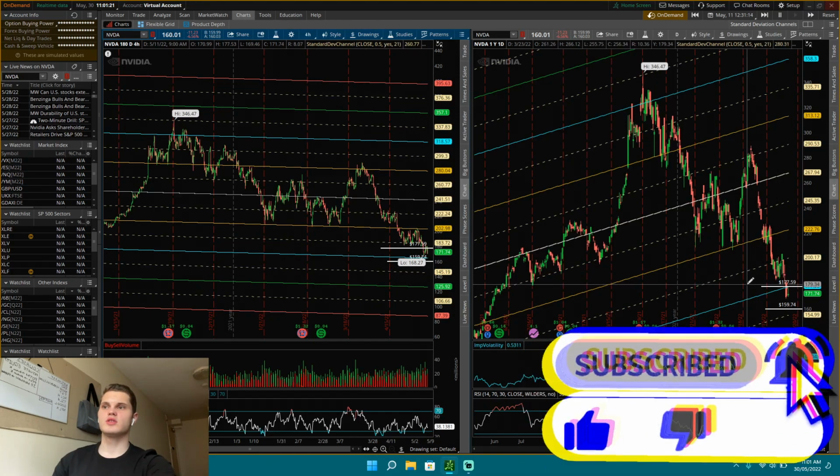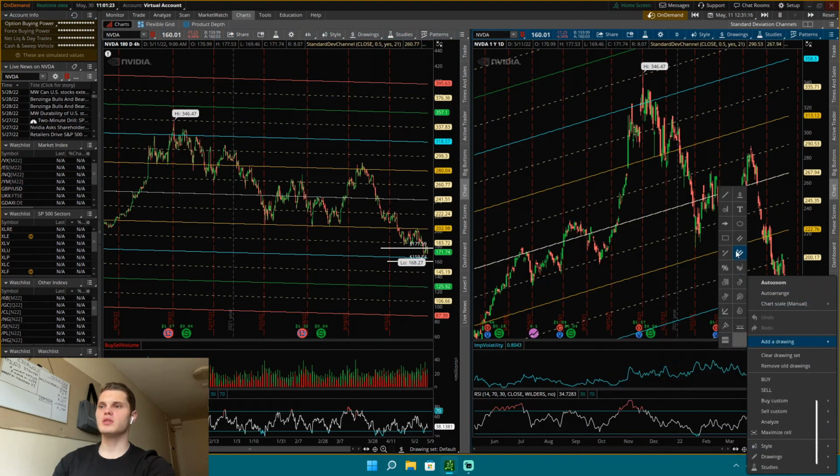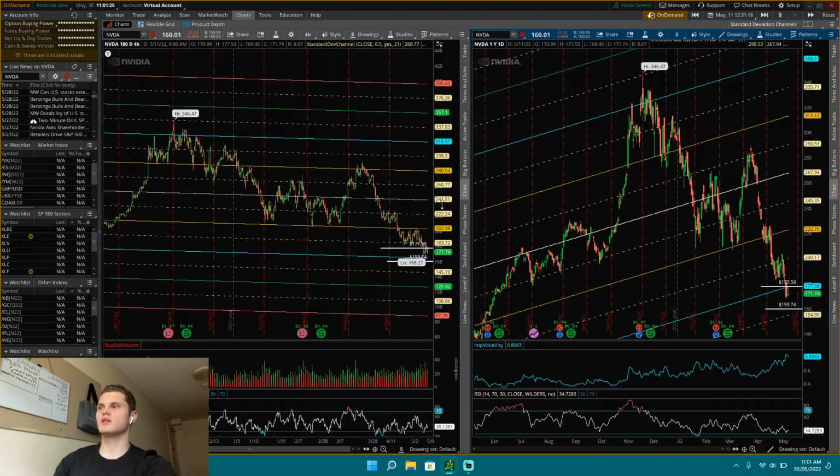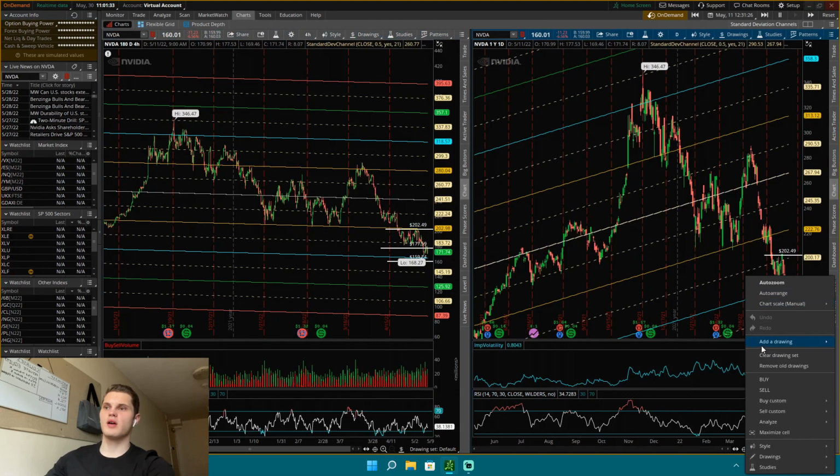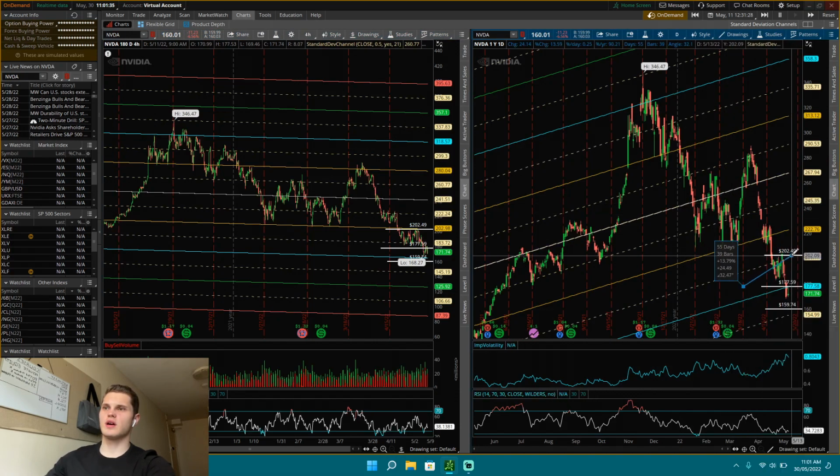Another way to set a stop loss will be, let's say our target is going to be, for example, $202. That would be what we'll do for an example. We can see that gives us a 14% upside. You could do a 1-to-1 and say, okay, if it falls down 14%, so $152, we will get out.